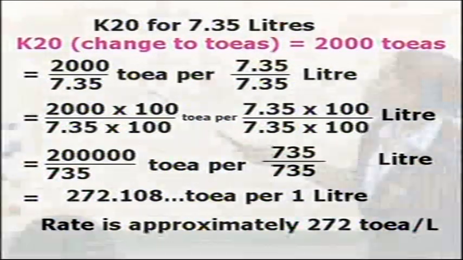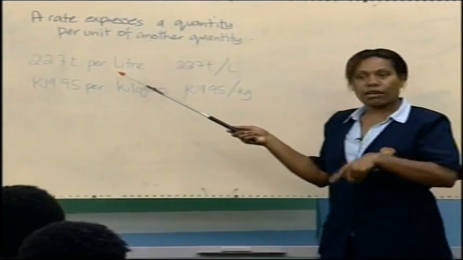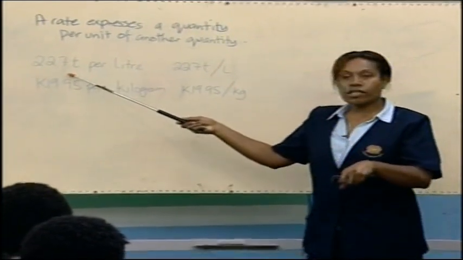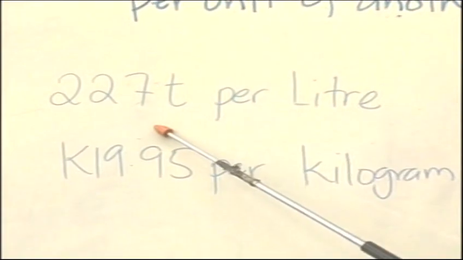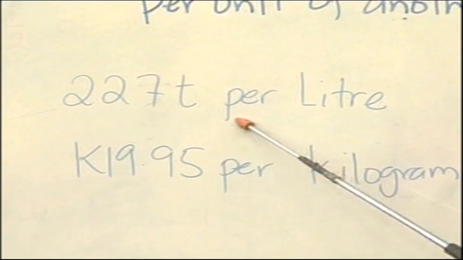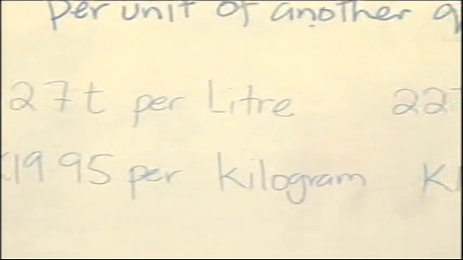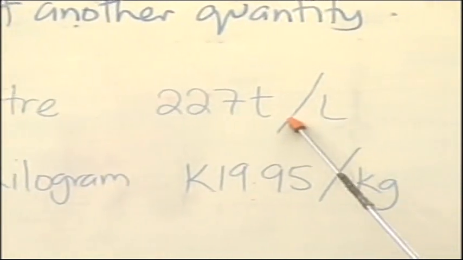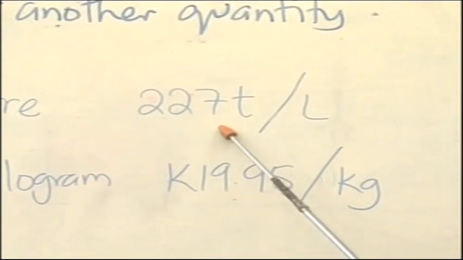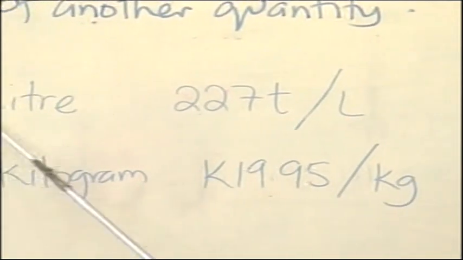Now this means 227 toea for every liter, or 1 liter costs how many toea? 227 toea. All right, instead of writing per, P-E-R, we use the symbol. This is the symbol. This means 227 toea per liter.